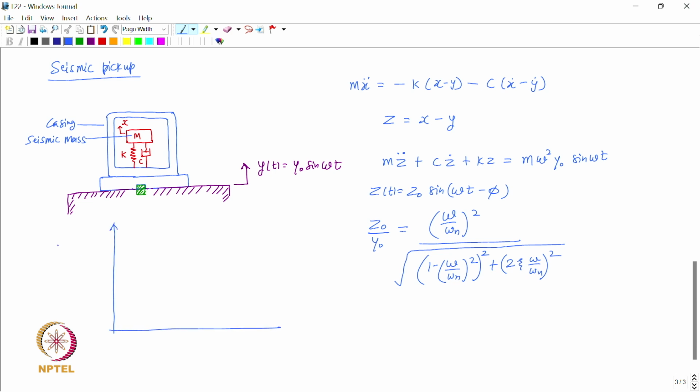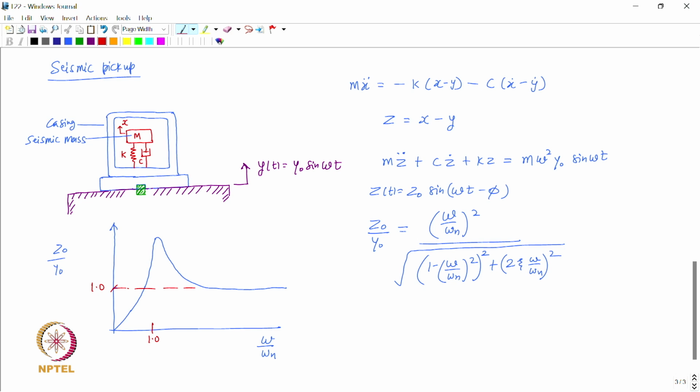So, if you plot z naught upon y naught as a function of omega upon omega n, then it looks something like this, for a particular value of zeta. Here this is 1, okay, and the frequency here is actually 1, right.